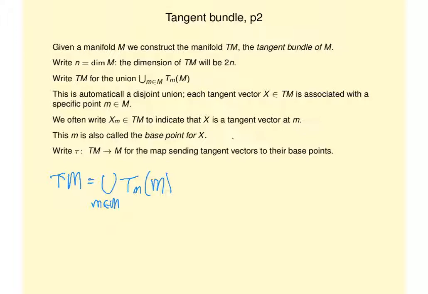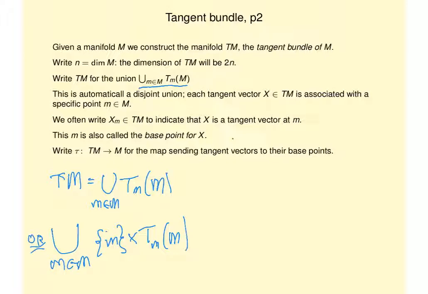In fact, I've got that written down here. Quite a lot of people will say that you ought to attach the point M to the tangent space and take that union. So that's a disjoint union, and that's completely fine.